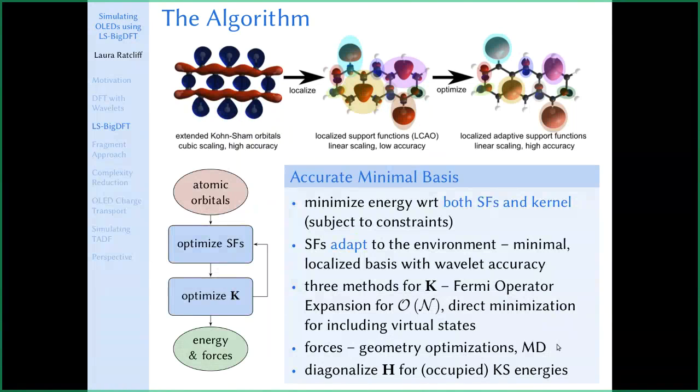We can also easily calculate forces, so we can do geometry optimizations and molecular dynamics. And usually we don't have access to the Kohn-Sham energies directly in the calculation if we use Fermi operator expansion, but we can also just do a one-shot diagonalization at the end.